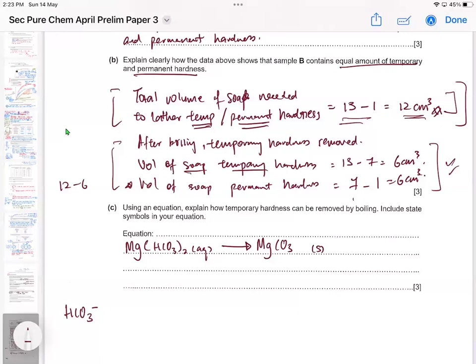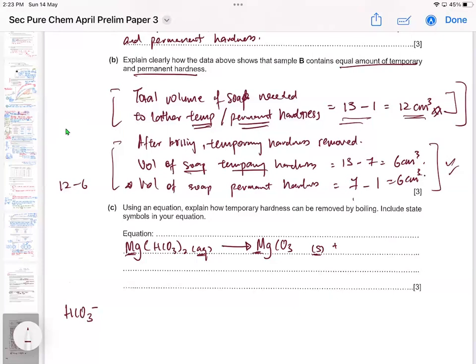So this magnesium carbonate is precipitated out from the solution. So now your water does not have free moving magnesium ion anymore. Previously, it was aq, now it is solid state. So this is known as the softening effect of boiling. So the magnesium ions are being extracted. Now the other problem is, what are the remaining products?